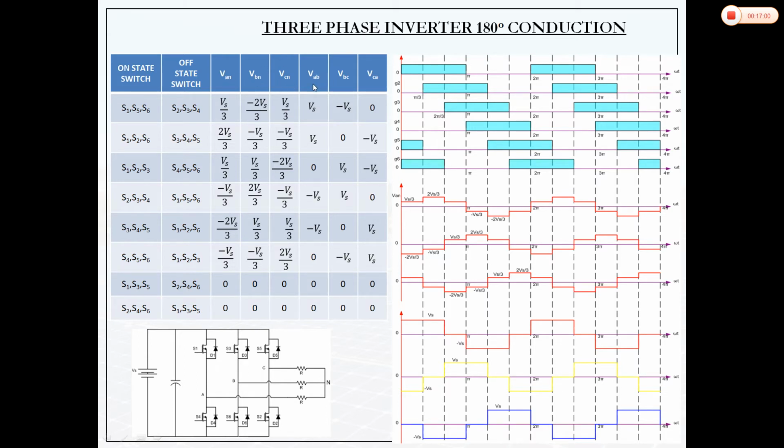VCN is Vs upon 3 and VAN is Vs upon 3, so if you subtract these two, you will get 0.